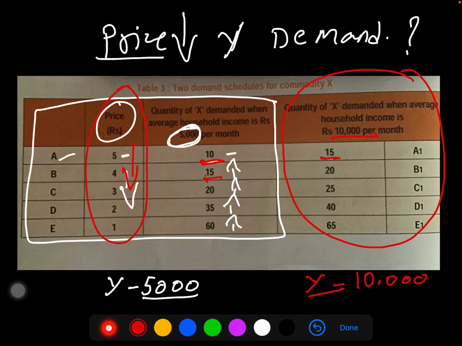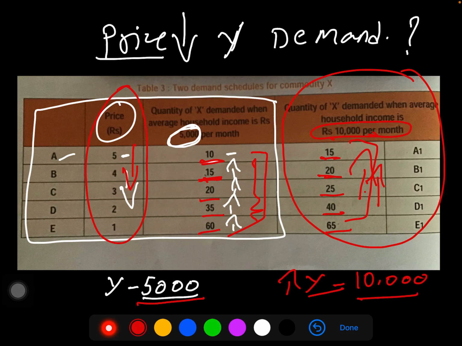Instead of 15 units he now purchases 20, then 25, 35, 40, 60, 65. Here also, when price decreases, demand increases, but compared to the earlier case, demand here is more. The simple reason is his income increased from 5,000 to 10,000.